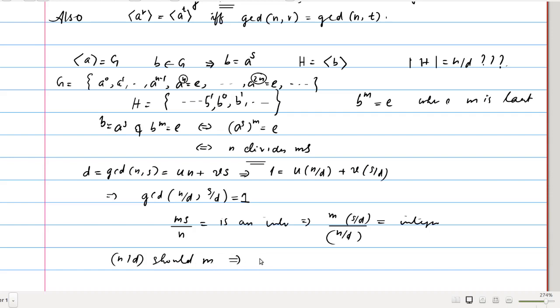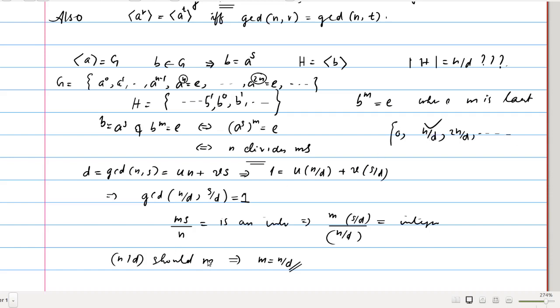This implies m should be the smallest positive multiple of n by d, that is nothing but n by d. Because the multiples of n by d are 0, and the next multiple is n by d, next is 2 times n by d, 3 times n by d, etc. Among these multiples, the smallest positive one is n by d.